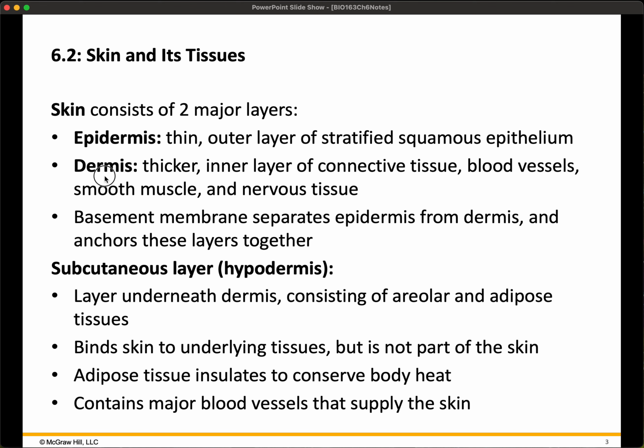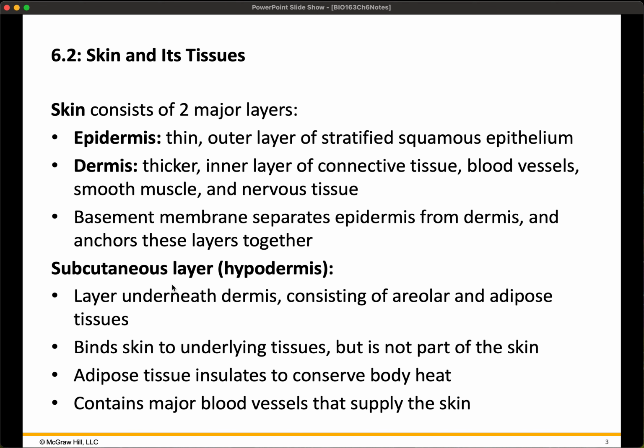Beneath the epidermis is the dermis. This is a thicker layer. It has a lot of connective tissue, blood vessels, smooth muscle, and nervous tissue. It's where a lot of the accessory structures are housed. Your basement membrane separates the dermis from the epidermis and helps to hold the two of them together.